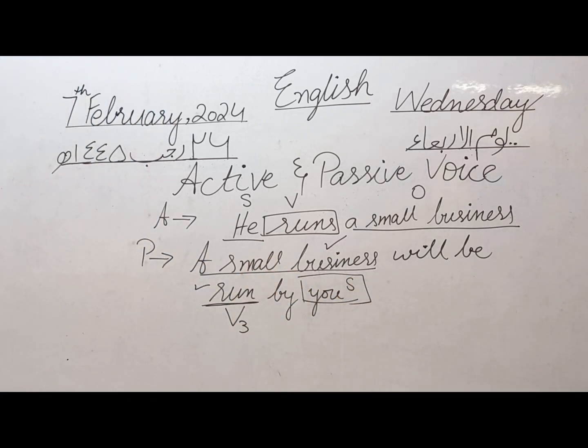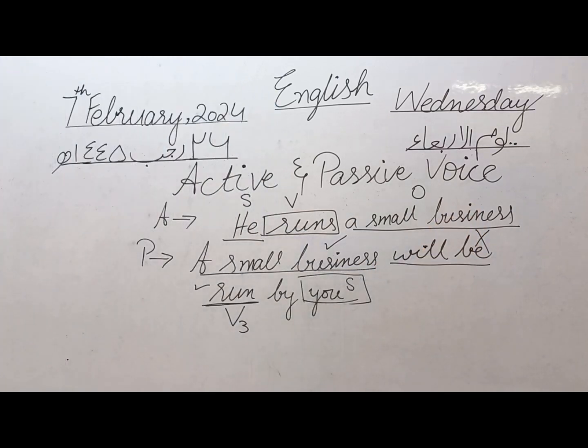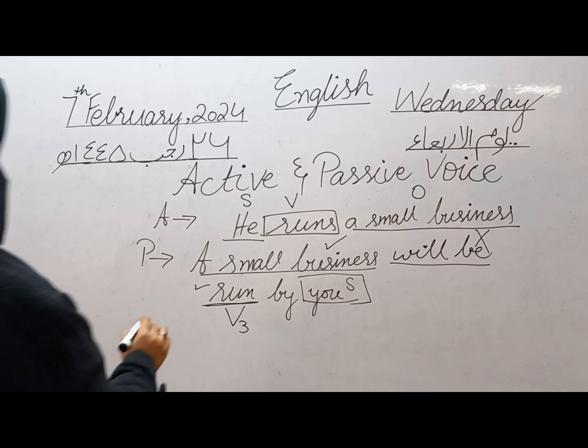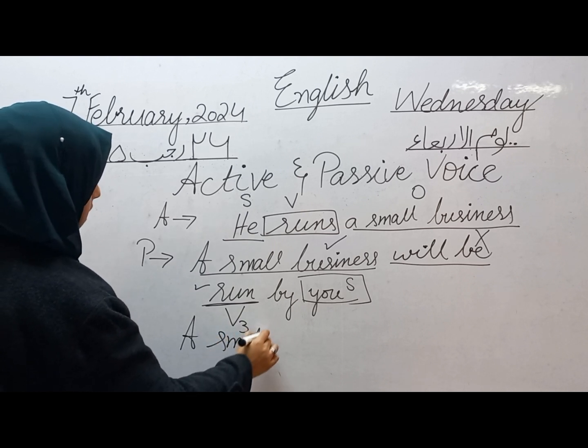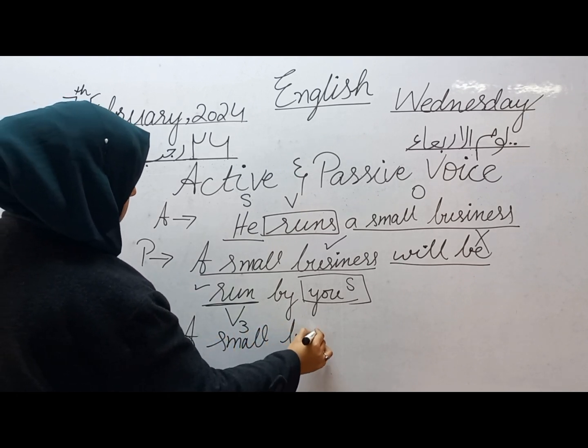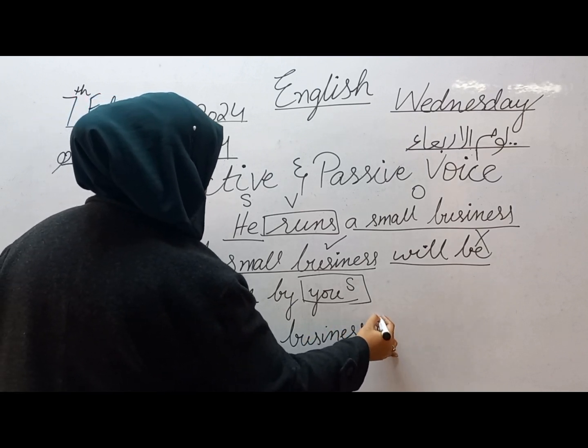And plus the helping verb. This is also not correct in this sentence. So the correct passive voice of this sentence is: a small business is run by him. Is. It should be like: a small business is run by.